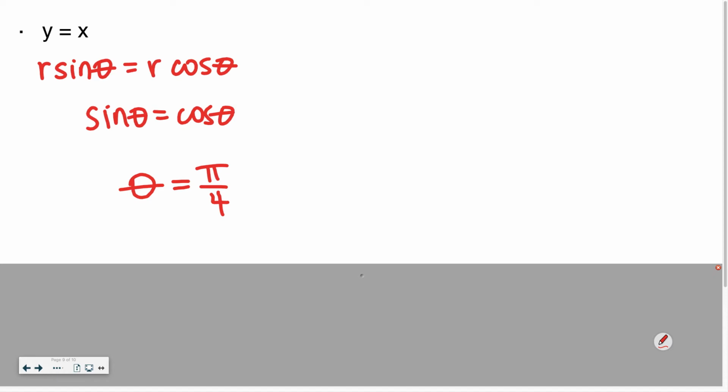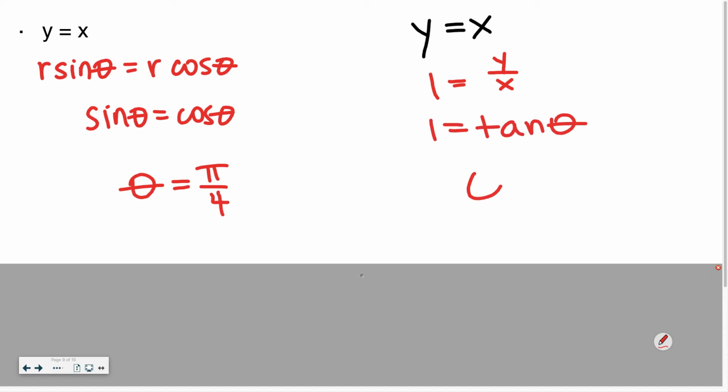Okay? Way number 2. Jessica, tell me what you did. Okay, so you had 1 equals y divided by x. Okay, and you know that y divided by x is tangent theta, and that happens at pi over 4.